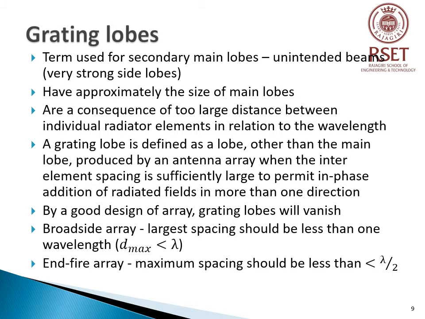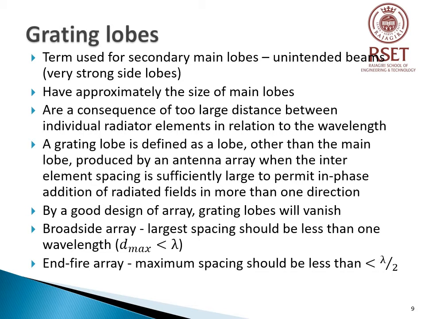Next, about grating lobes. It's a term used for secondary main lobes in the antenna diagram. They are very strong side lobes, or you can say grating lobes are unintended beams of radiation. They have approximately the size of main lobes, and they are a consequence of too large a distance between the individual radiator elements relative to the wavelength.